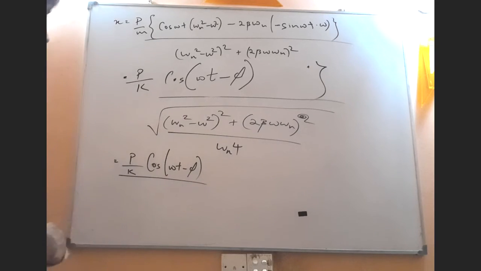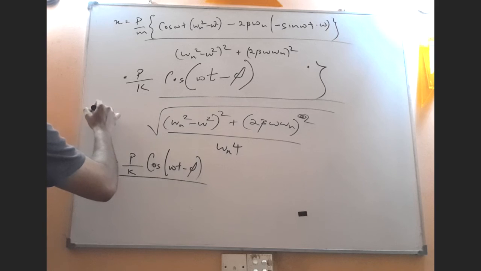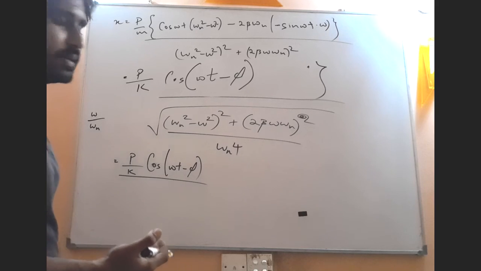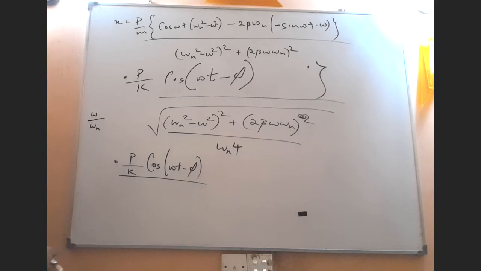Okay, focus on this. Also, you know that we say omega divided by omega n as the frequency ratio, right? What is omega divided by omega n? Frequency ratio, that is r.